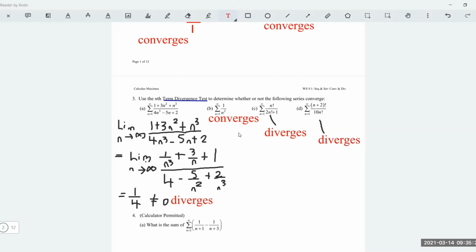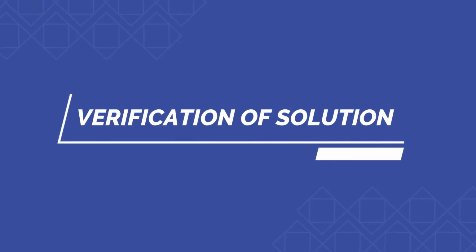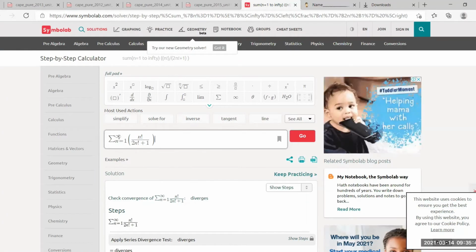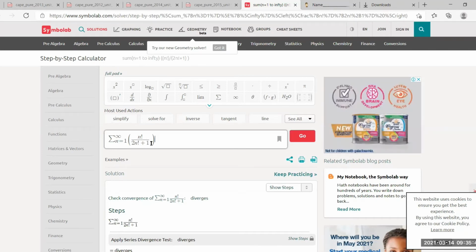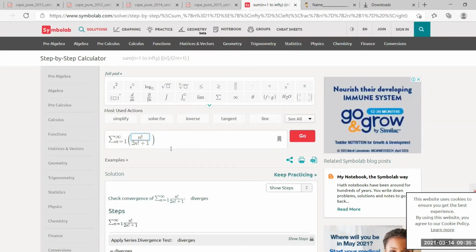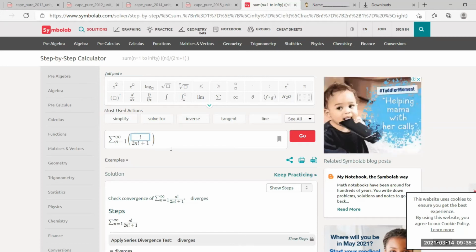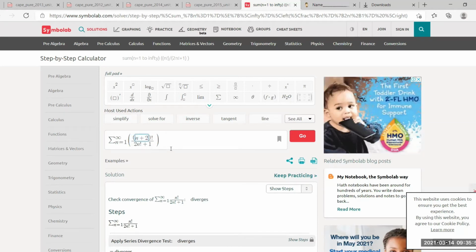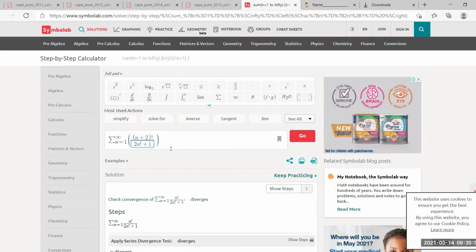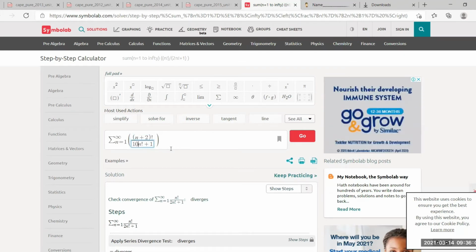Now also, as you're working out these questions, I am going to introduce you to Symbolab. Symbolab is a nice way to check that whatever you're doing diverges. As you can see here, this was the third example. You plug it in, diverges. So this one we just did was (n+2)! divided by 10n!.